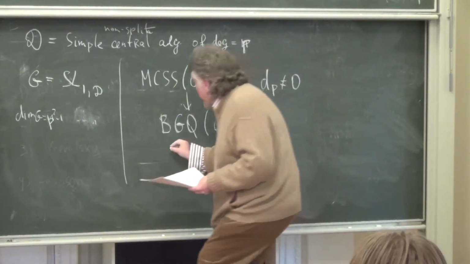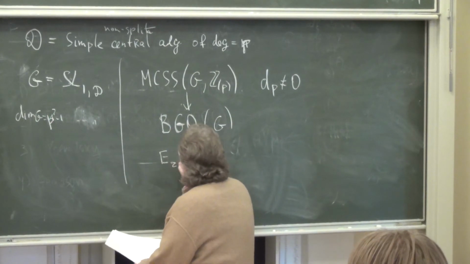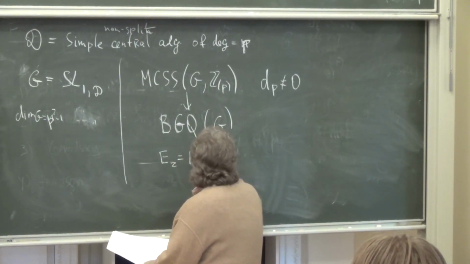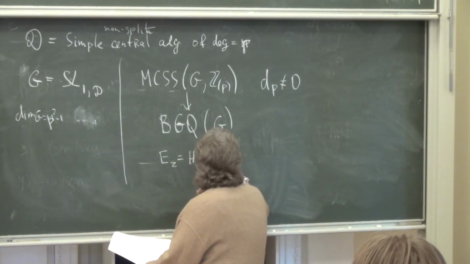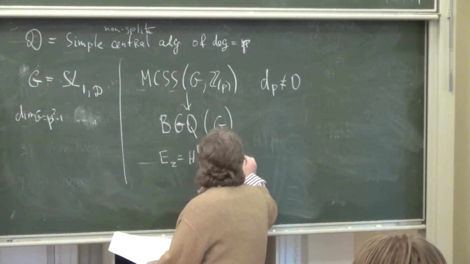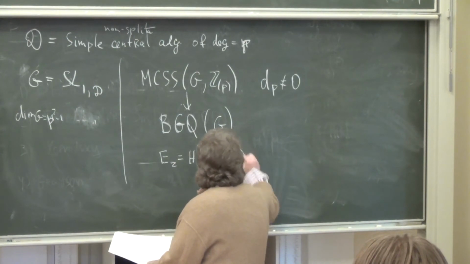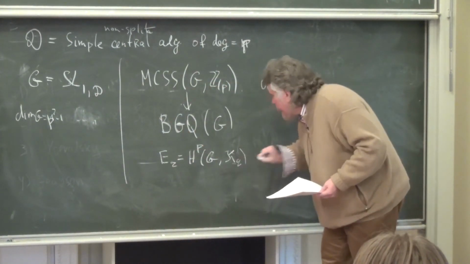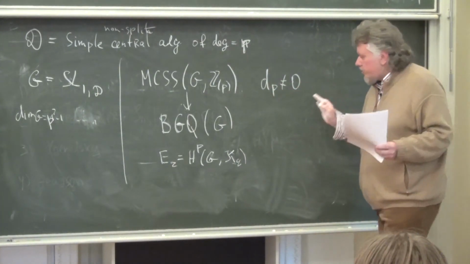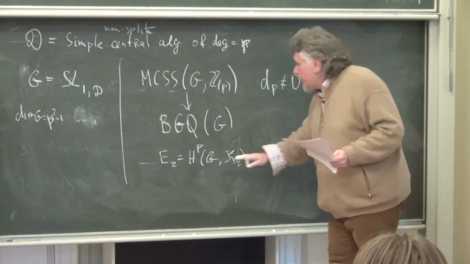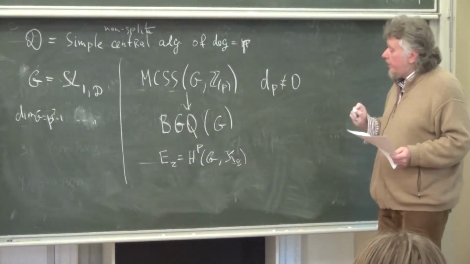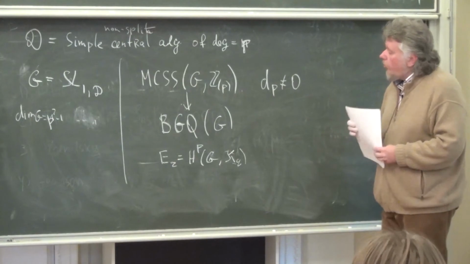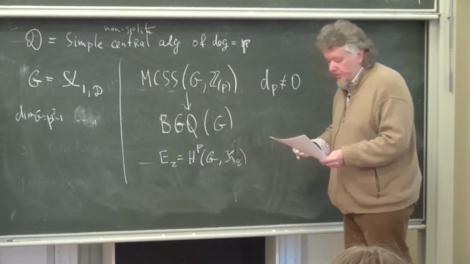The Brown-Gersten-Quillen spectral sequence is a spectral sequence with this second term, just the cohomology of G with coefficients in K, with indexation minus q. I have wrong indexation here, but I'm sorry. And it also converges to algebraic K-theory. And much more is known about this spectral sequence.